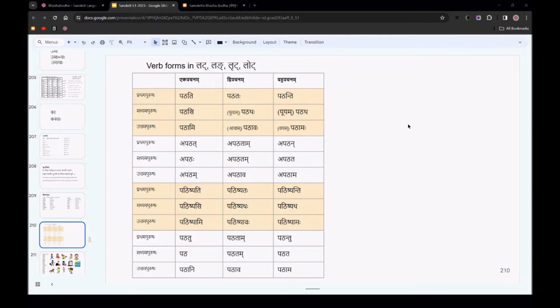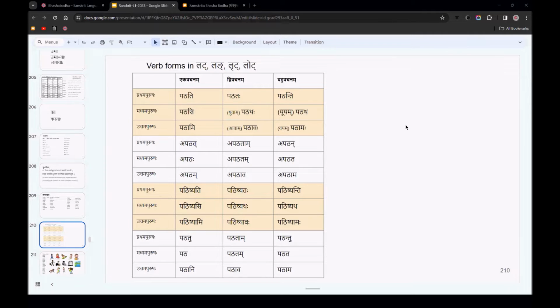So we started talking about the kriyapadas or verbs in Sanskrit. The verbs do not have lingam, and they have the vachanam depending on how many quantities or how many people are doing that action.